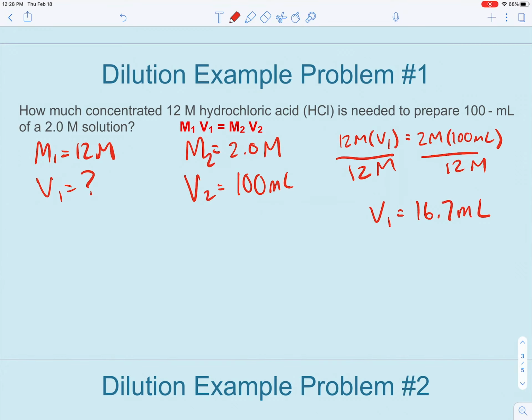So again, we're taking this small amount of very concentrated acid, and we're diluting it to a much lower concentration by basically adding water to it.